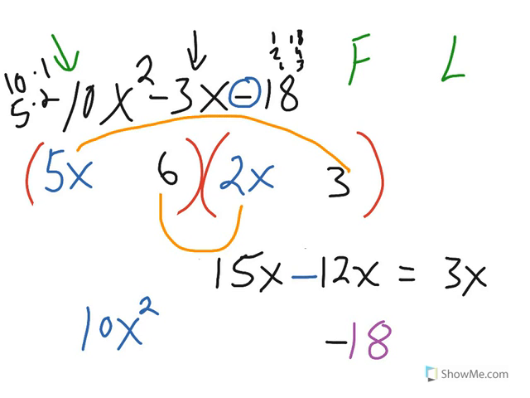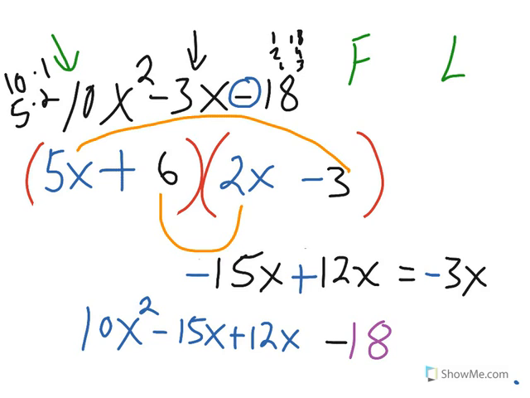First things first, my vertex is going to be at 2, 3. My maximum is going to be at 3. My axis of symmetry is at x is equal to 2. So that's what we're talking about.